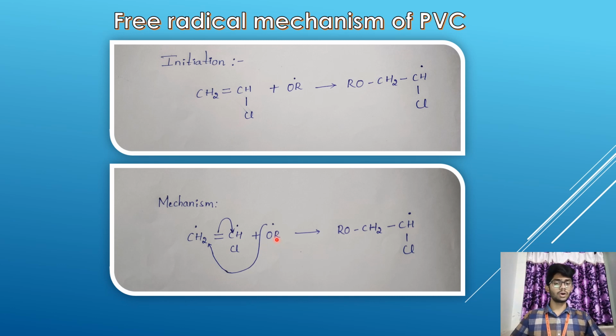The RO radical bonds with the CH2. So here we can see the product RO-CH2-CHCl.